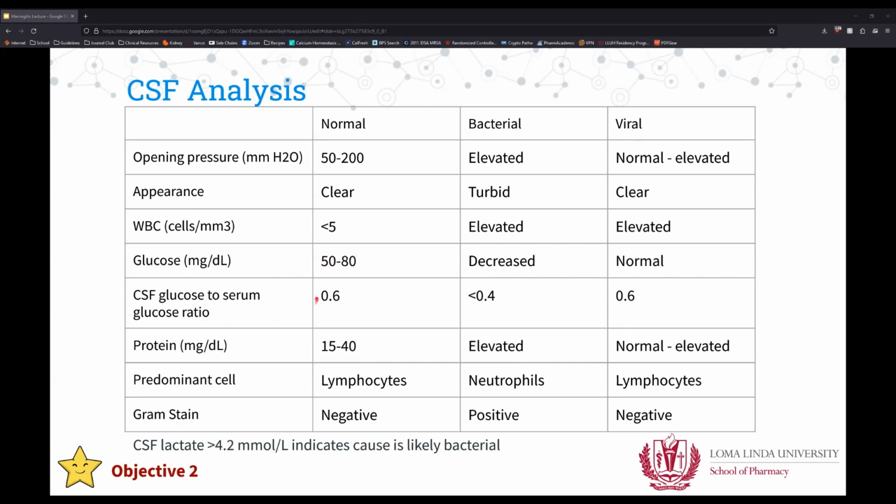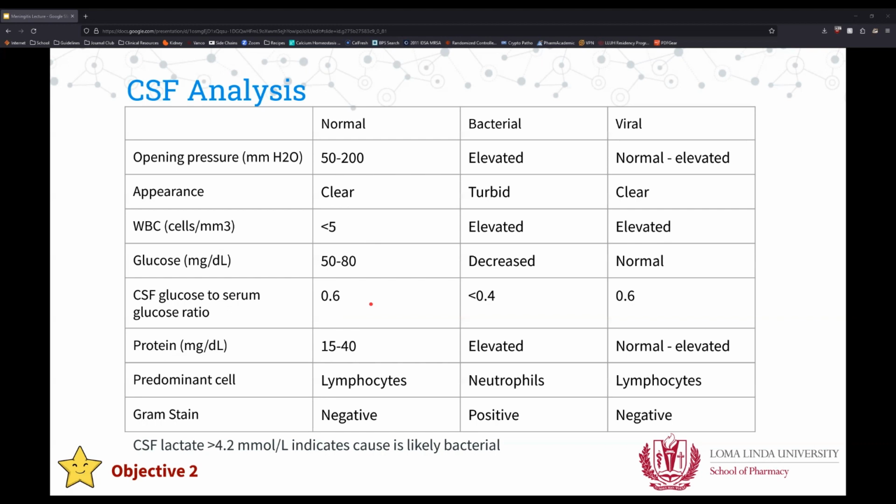And then the next thing we need to consider is the comparison of the CSF glucose to our serum glucose. And then this is going to help us create a ratio for our patients. So our normal ratio for a patient is going to be 0.6. However, the way we calculate this is going to be comparing it to our normal blood sugar level.